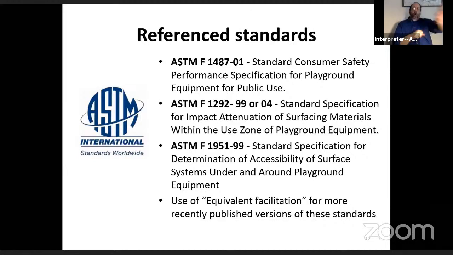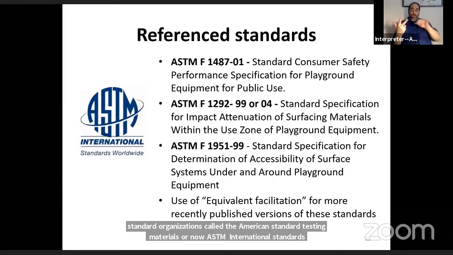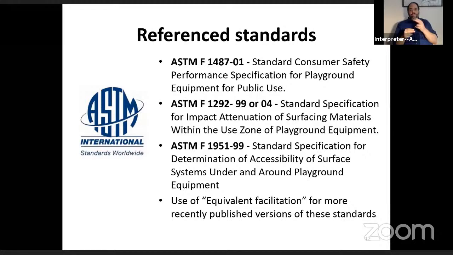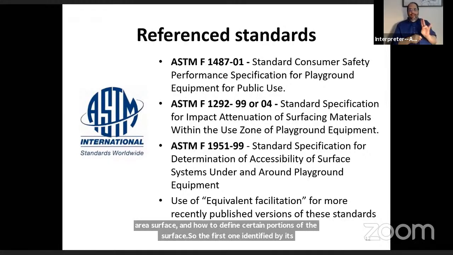We reference these 3 standards that specifically address the play area surface and how to define certain portions of the surface.